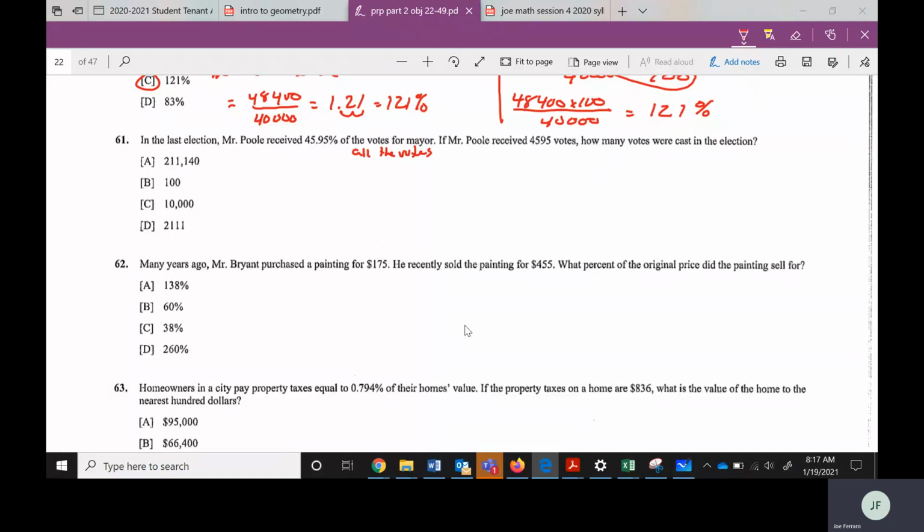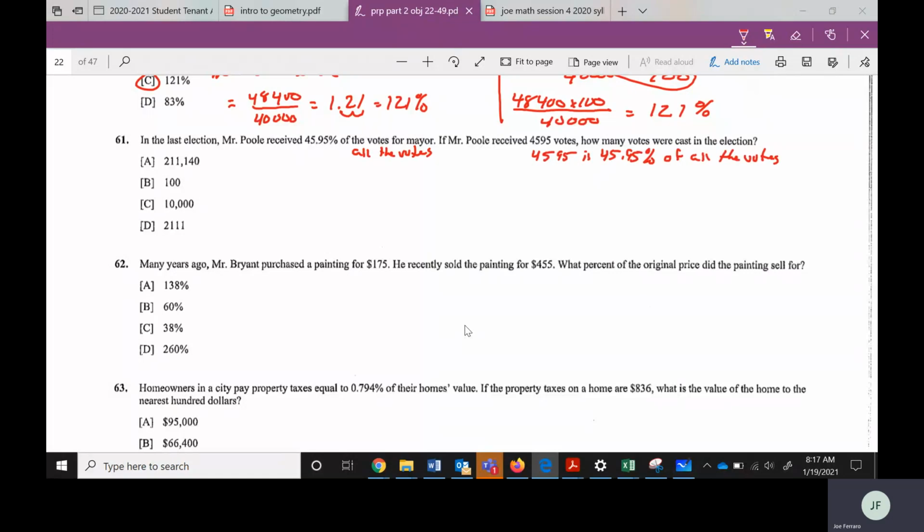So another way we can say this is he received 4,595 is, because it said that this is the percent of all the votes, that's the way we can write it in a short sentence.